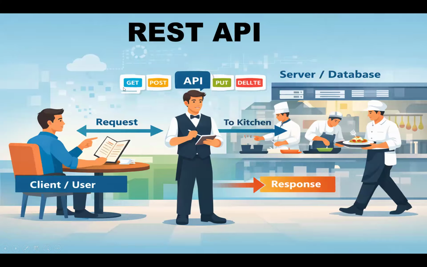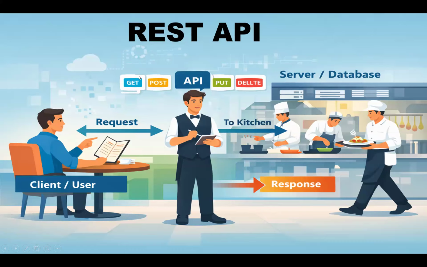If an API type is get, as you can understand from the name itself, when we need to get data from the server, the type will always be get.